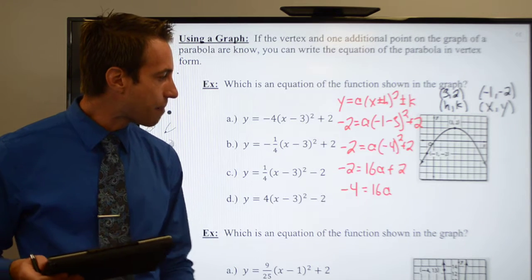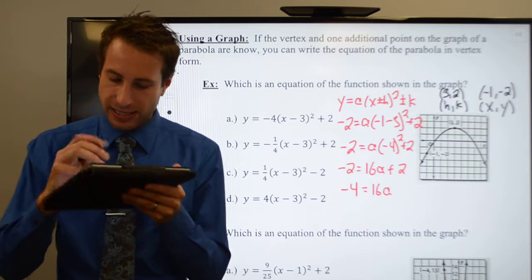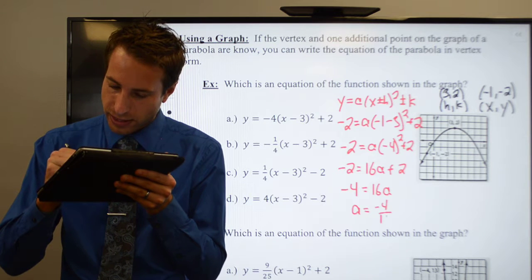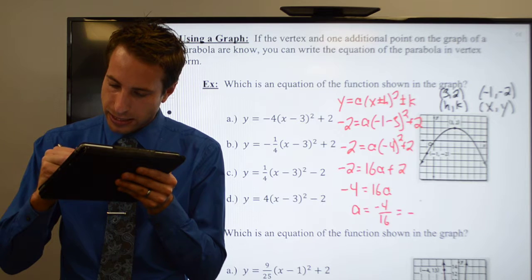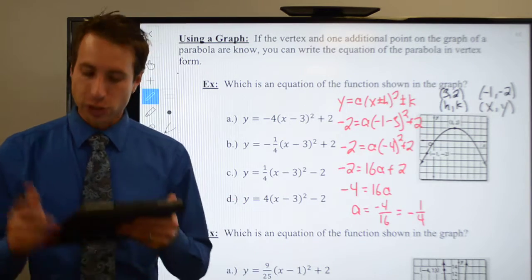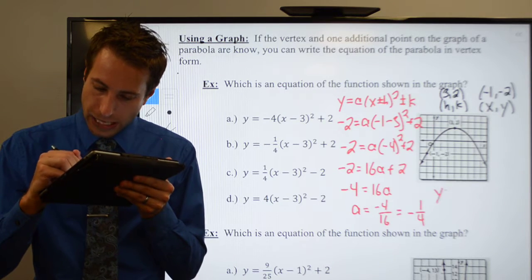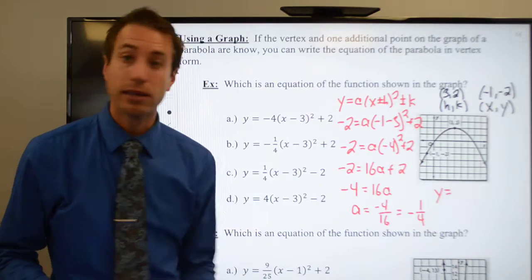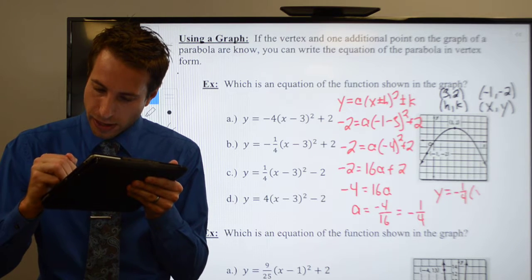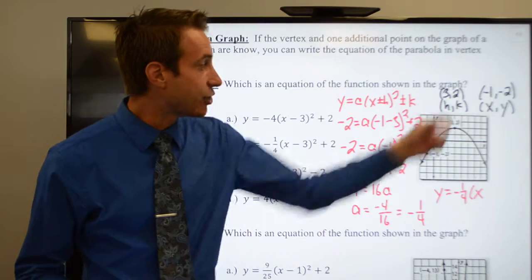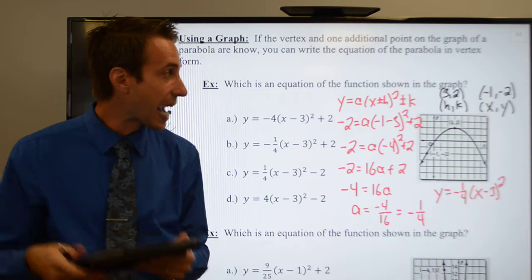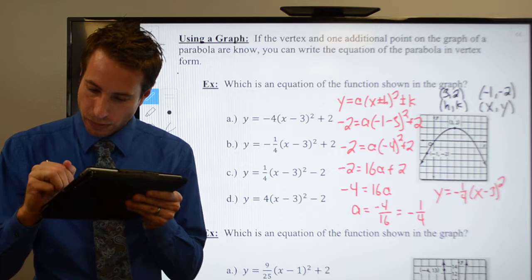I want to get the a by itself, so I'll divide by 16, and a is equal to -4 over 16, which is -1/4. All right, well, here's my equation. y equals, I now know that a is -1/4, so -1/4 (x - 3) squared, I know that my h is 3, and I know that my k is +2.